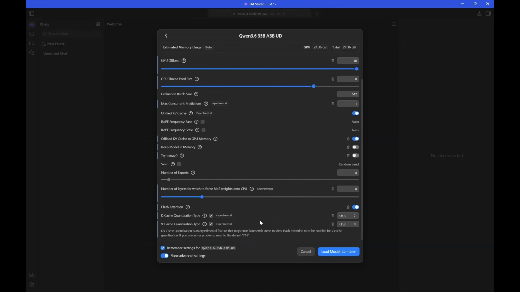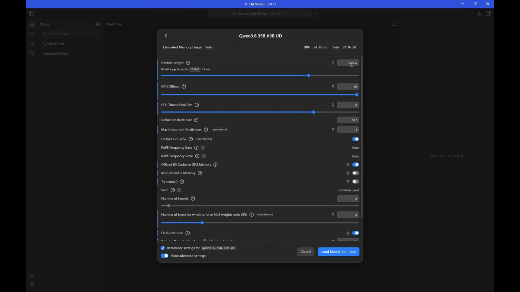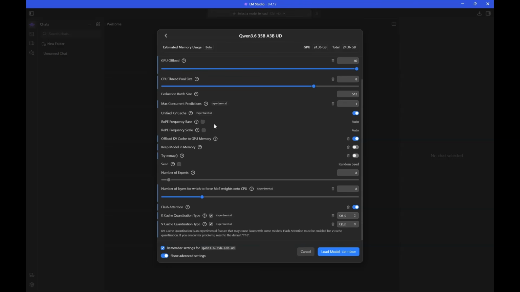I did some runs behind the scenes and I landed on these settings. So by offloading 8 layers to the CPU, we have enough room to fit 65K context length alongside the rest of the layers offloaded to the GPU, still using flash attention and KV cache quantization as Q8. This is the only change I made.